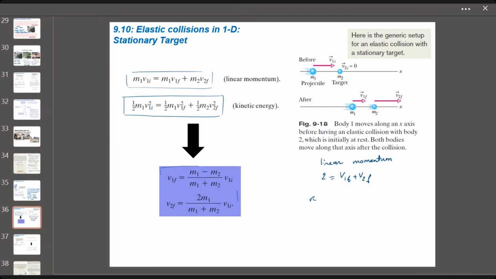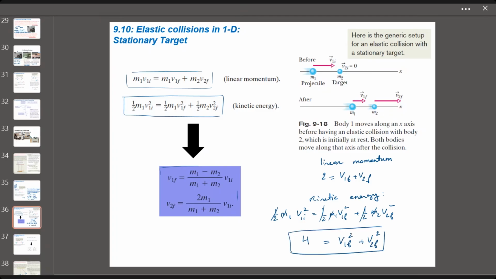For the kinetic energy, in our case, I have half M1 V1 initial squared equals half M1 V1 final squared plus half M2 V2 final squared. The masses cancel out because I took a particular case where the masses are the same. The halves cancel out. V1 initial squared is 4, and this equals V1 final squared plus V2 final squared. This is the second equation I got.